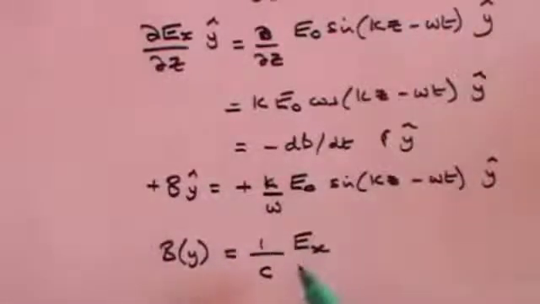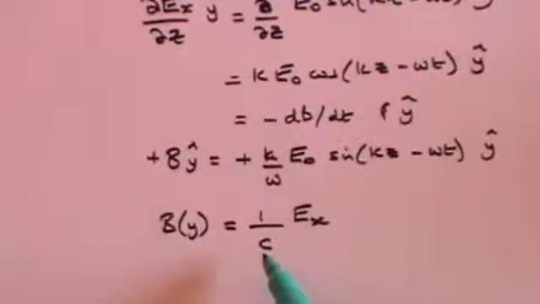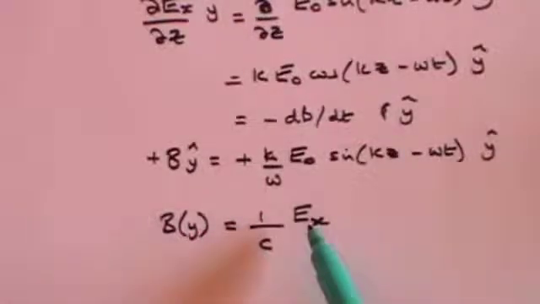So what we've shown is that where you've got an oscillating electric field in the x direction, you've also got an associated oscillating magnetic field in the y direction, and the relationship between the two is 1 over c. In other words, the B term is 1 over c times the E term, c times smaller, if you like.